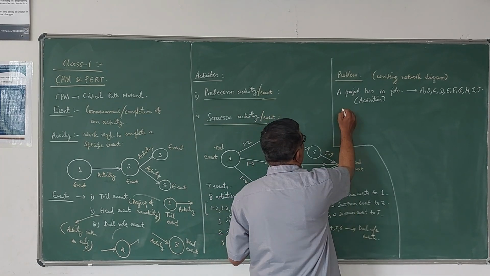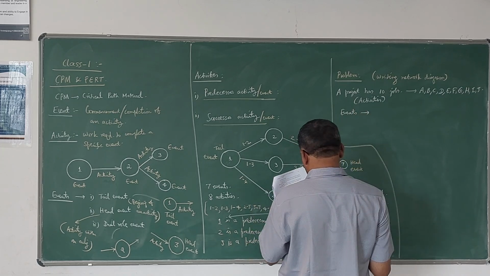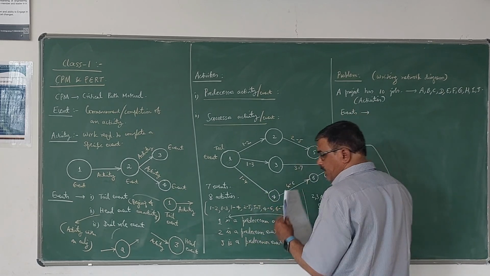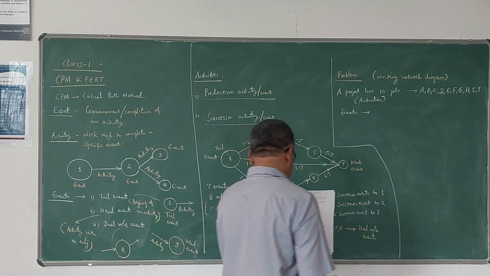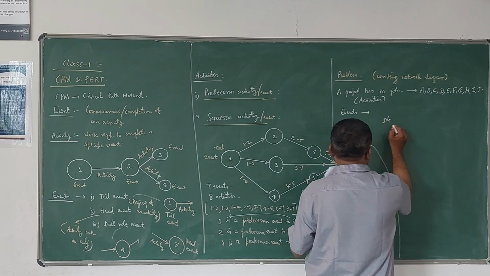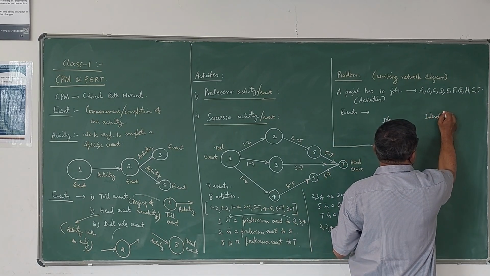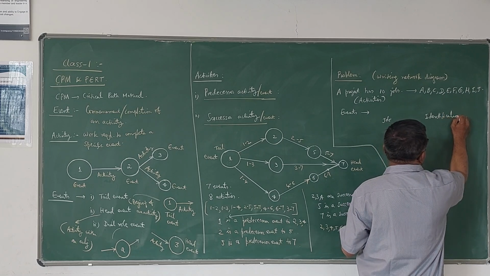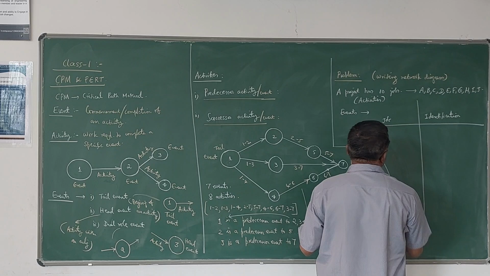Events are marked as, so let me give the events now in the form of a table. So the job is given like this. Identification of the event is done like this. So this table is given for all the different jobs.